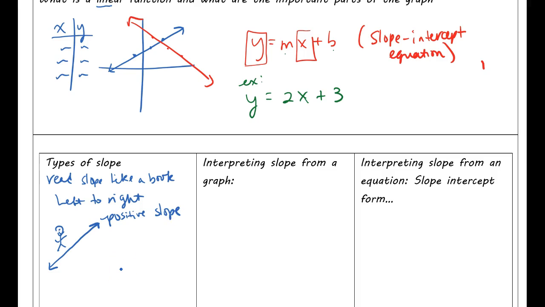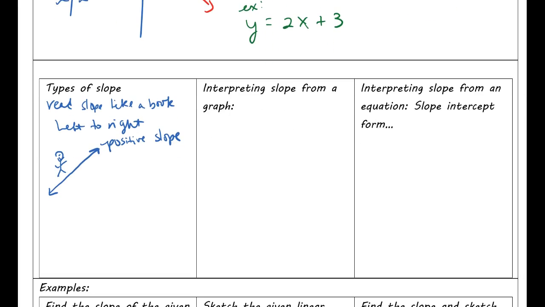Now, anybody want to guess what it would be called if the line was going down? So imagine you're walking down this little thing and you're going left to right, so you're walking down the hill or down the line. That would, of course, be a negative slope.